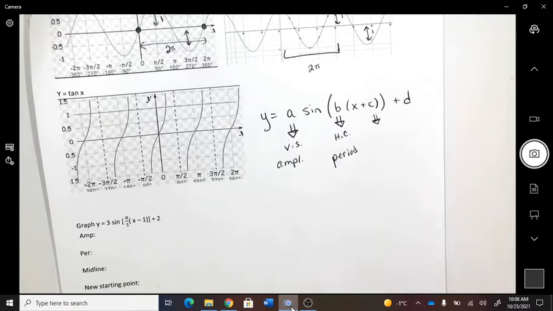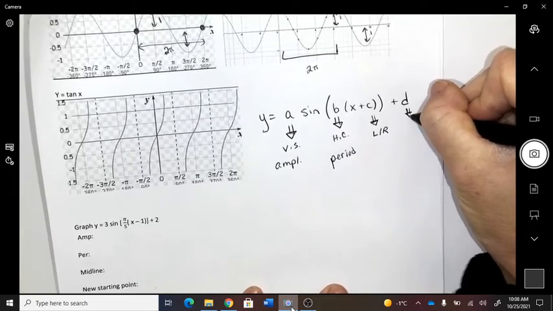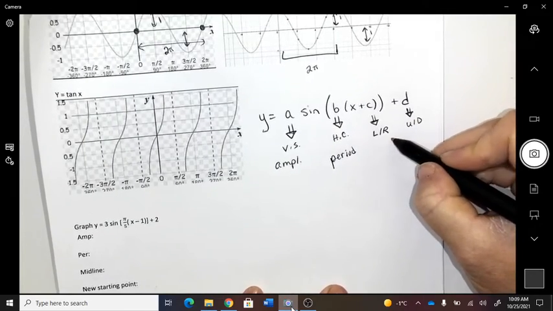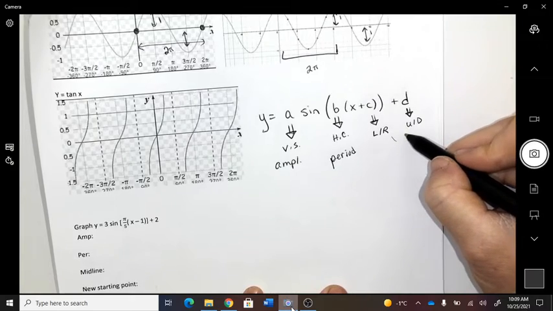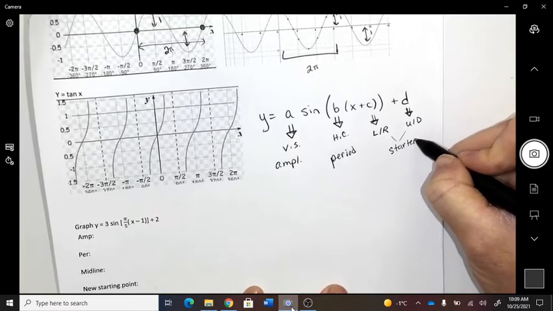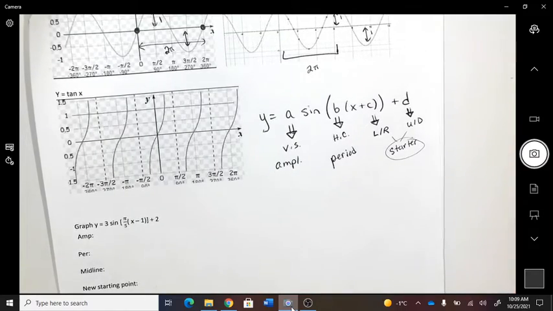And C moves left to right, and D moves up and down. I mean, they're going to affect all the points, obviously, but we're going to focus in on where our new starter point is. So if we looked at the sine one, it should have been on the origin, but now where is it?